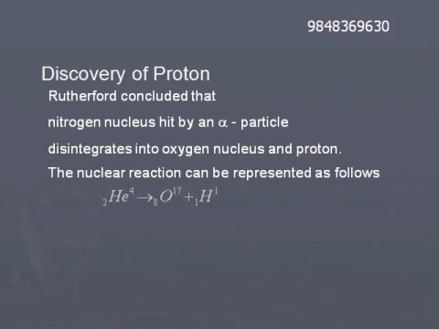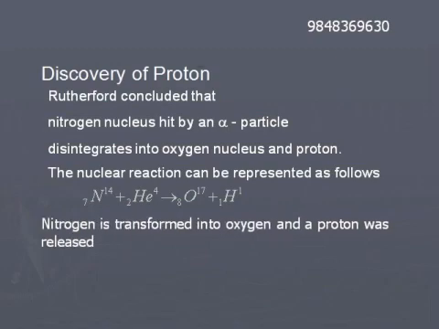The nuclear reaction can be represented as follows: nitrogen 7N14 plus helium 2He4 gives rise to oxygen 8O17 plus proton 1H1. This is how we can represent the nuclear reaction.